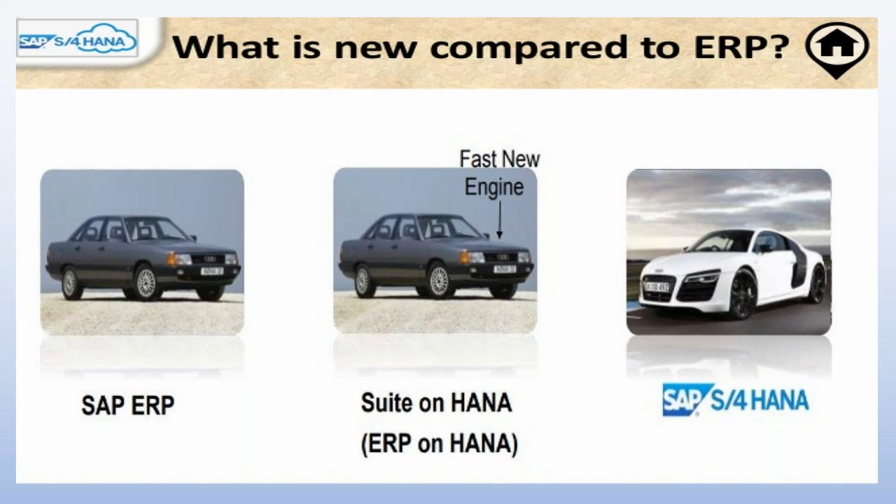Without the HANA database, they can't run S4. S4 is an application which only runs on the HANA database. You cannot connect another database to S4. So that is mandatory.